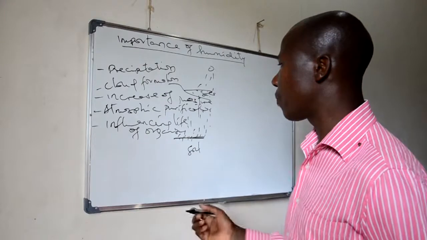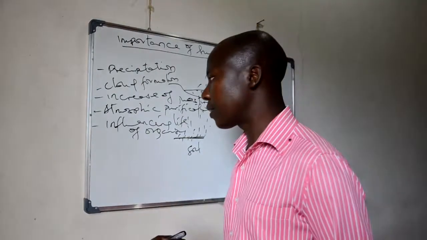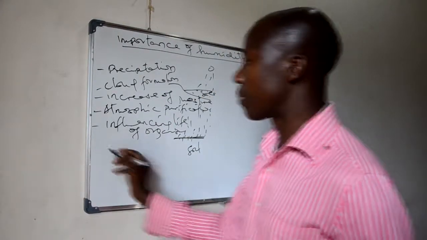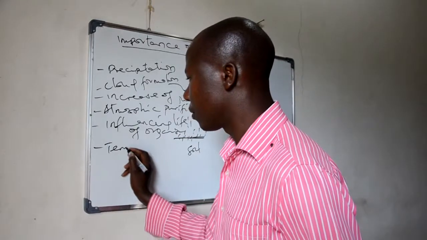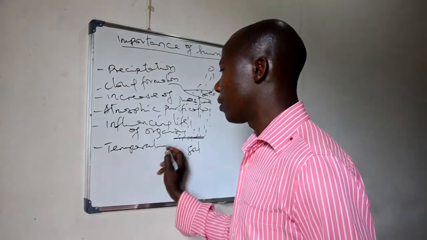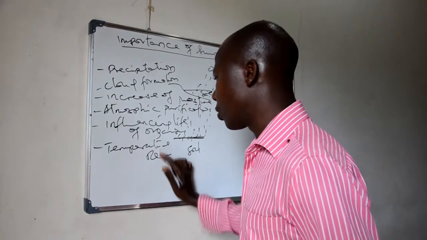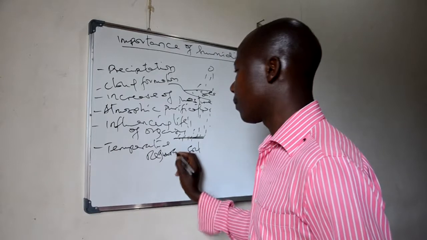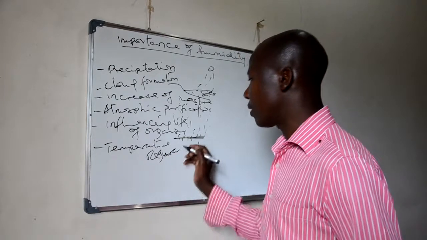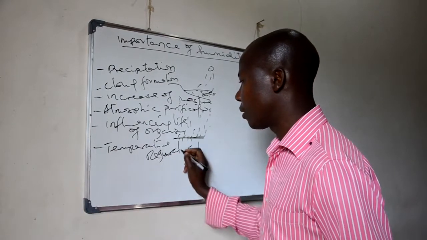Another importance of humidity is temperature regulation. Temperature regulation refers to reduction of temperature, and you have to recall that temperature is the degree of hotness or coldness of a substance.